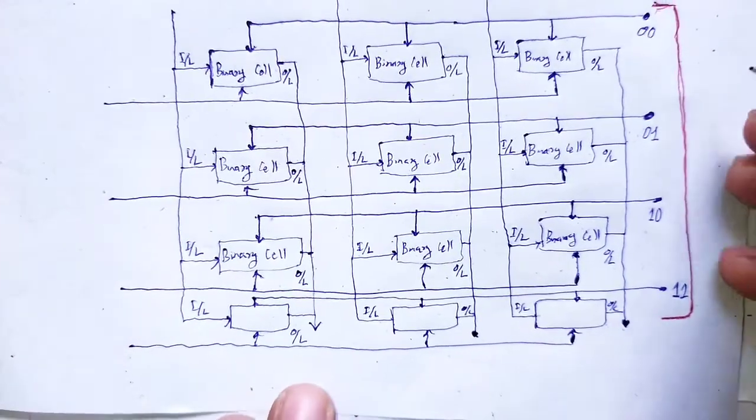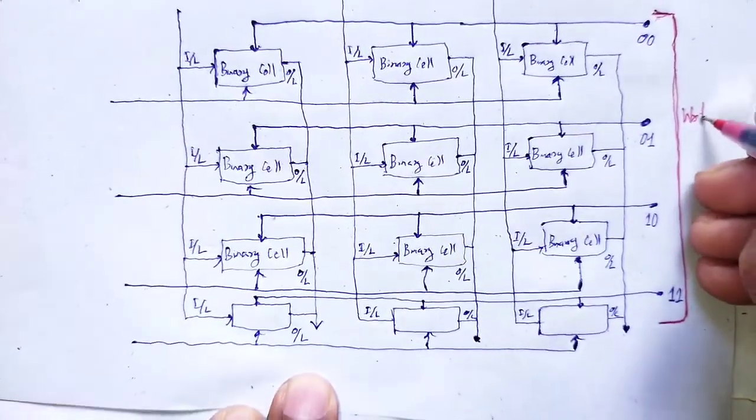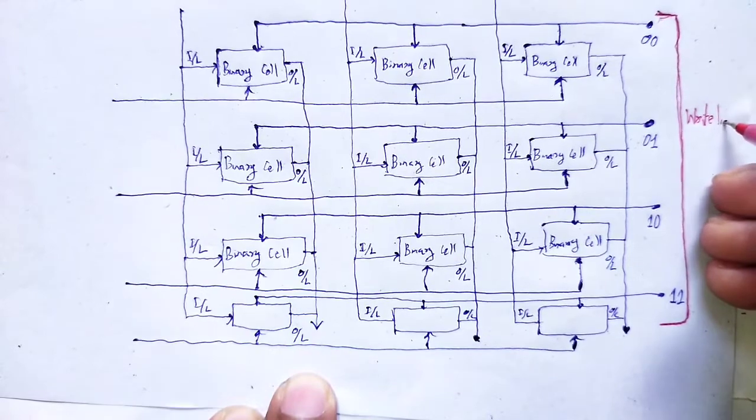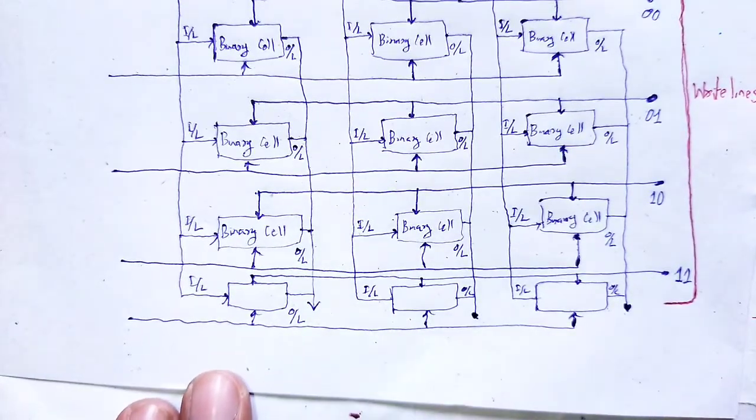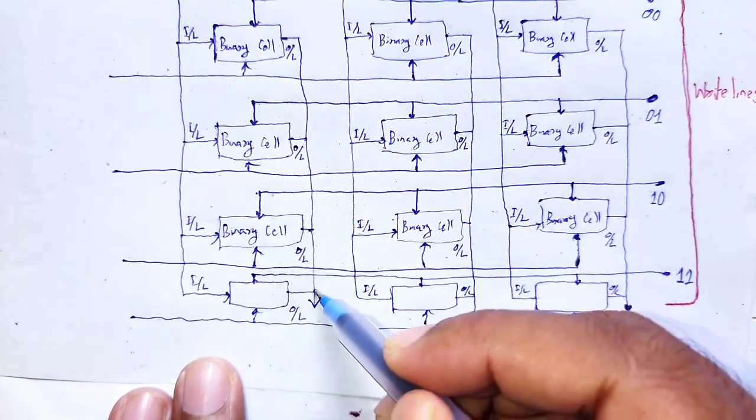Here are the write lines. Here are the outputs, these are the output columns.